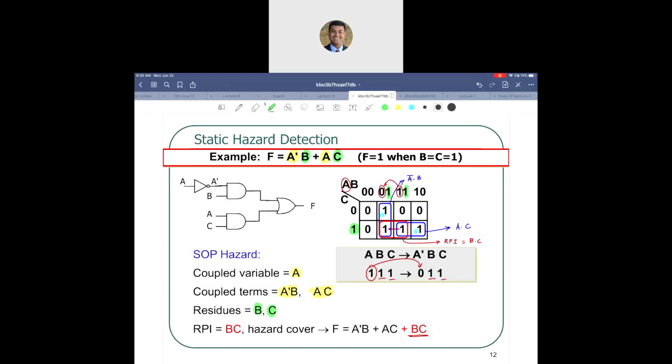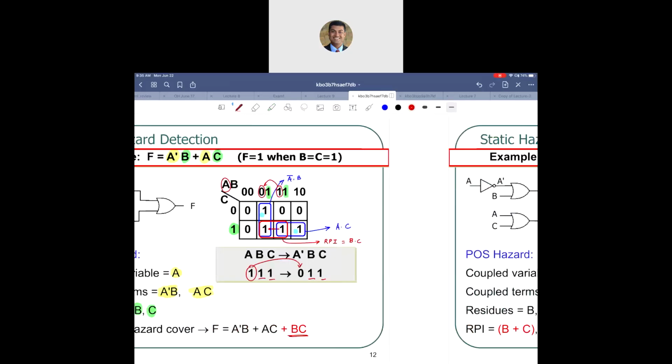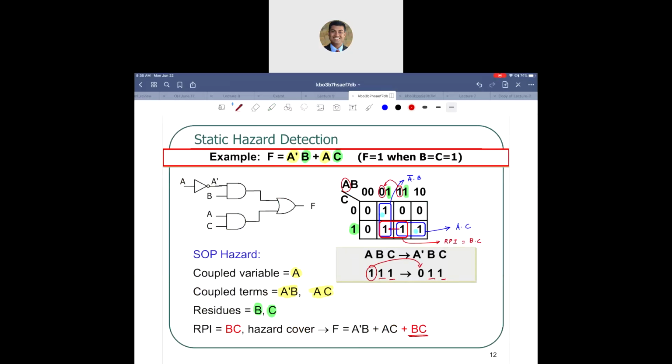Let me write that statement actually. Let me write the input condition so that we can clearly see it.